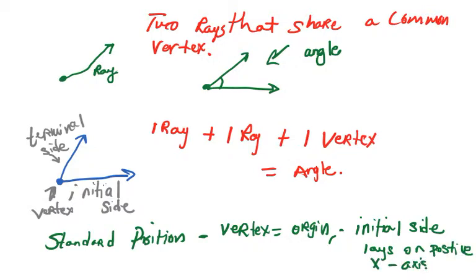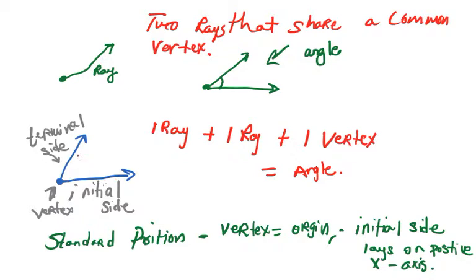Okay, a quick recap here before we move on to talking about coterminals. An angle is two rays that share a common vertex. That's what an angle is, and I formed it here for you. We have an initial side, which is where the ray begins.